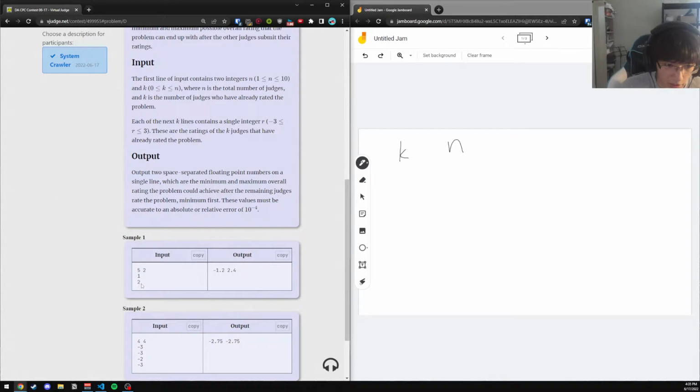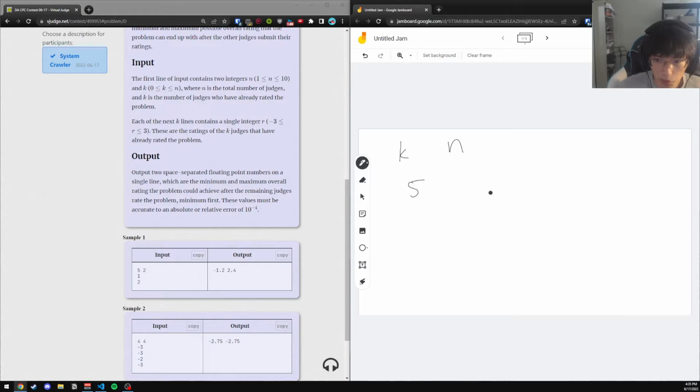So the first rating was 1, the second rating was 2. So out of the 5 people, 2 people have gone. So we have judge 1, 2, 3, 4, 5. And judge number 1 rated it a 1, judge number 2 rated it a 2. And then we don't know, and we want to get the result, like what's the max and what's the min.